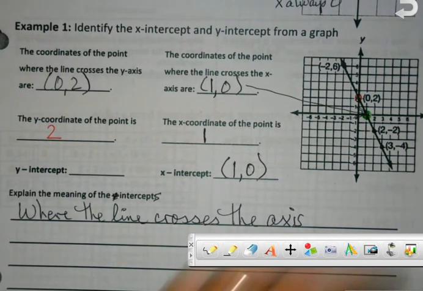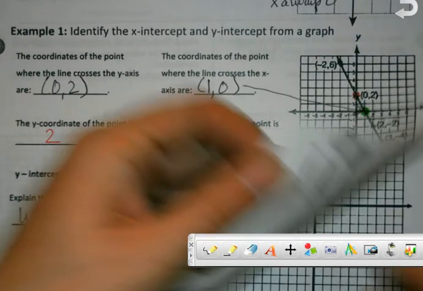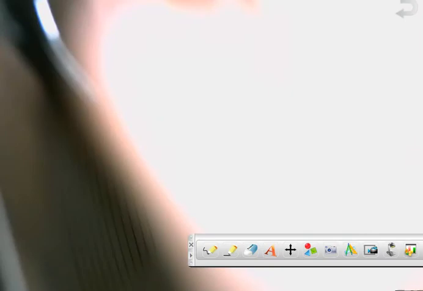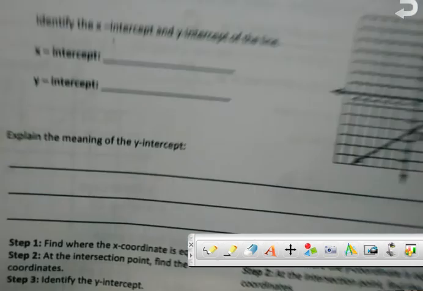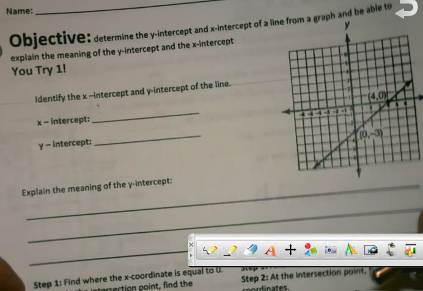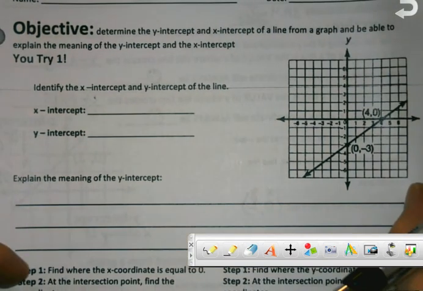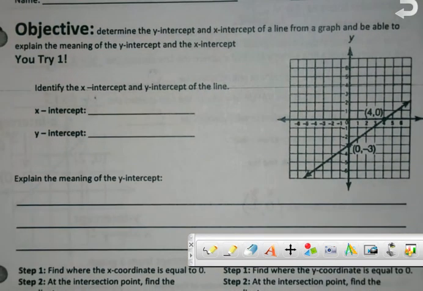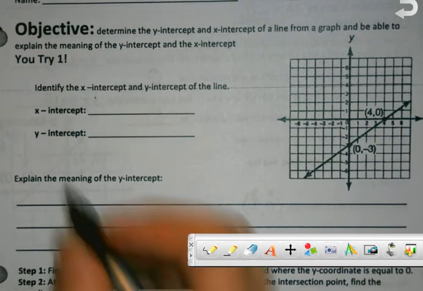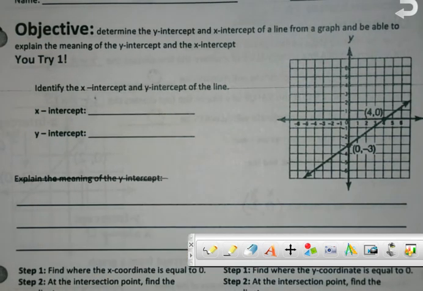As we get a little deeper into this, now identify the x and y-intercept of this line. We're going to scratch this part. Where's my x-intercept at?